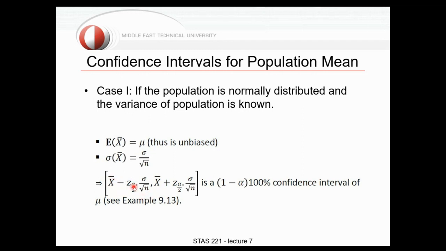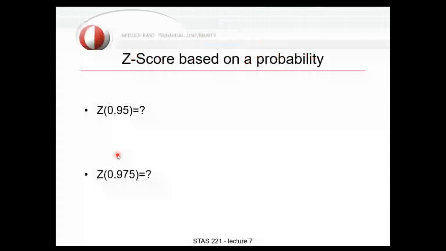Okay, what does z alpha over 2 mean? First of all, it should be inside parentheses. It would be better. So it is exactly this one. When I say alpha over 2, if for example alpha is 5%, 1 minus alpha will make this one.